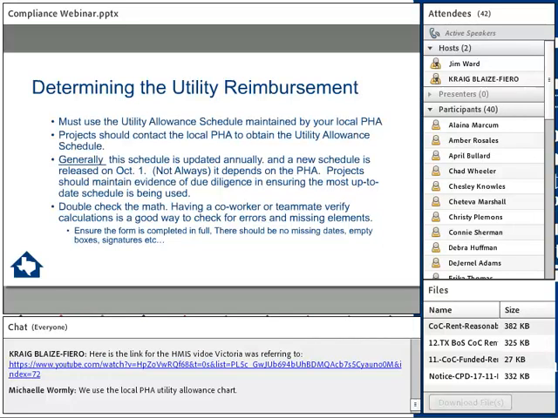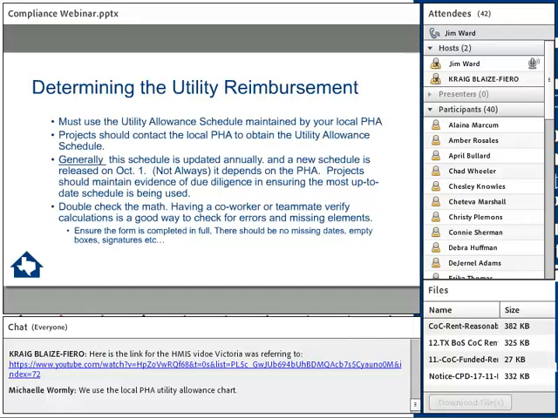So the schedule is generally released or updated annually, and a new schedule is released on October 1st, not always. Projects should maintain evidence of due diligence in ensuring that the most up-to-date schedule is being used, right? So the schedule that would be in effect right now would be a schedule that was released on or around October 1st, 2017, to go into effect 2017. And right, they will be releasing another one in the fall for the 2018-2019 year.